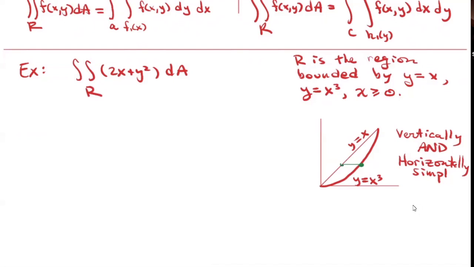So in this case, you draw a horizontal line and you think about how it moves from bottom to top. And always you have a left curve and a right curve, and the left endpoint of the slice always touches the left curve. The right endpoint always touches the right curve. Doesn't change, so again, it's horizontally simple, with the horizontal slice.